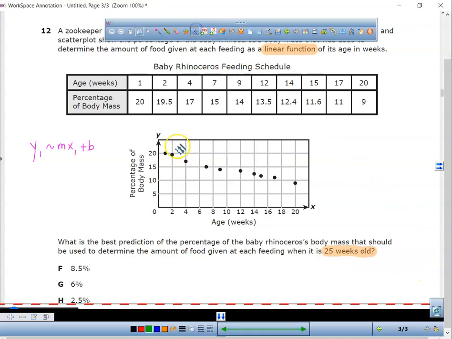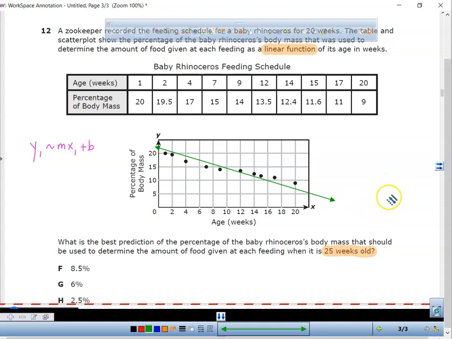Now I'm going to draw a line of best fit as best I can. And that gets me pretty close to all of those. All right, maybe it's not the best line of best fit, but it's pretty good.